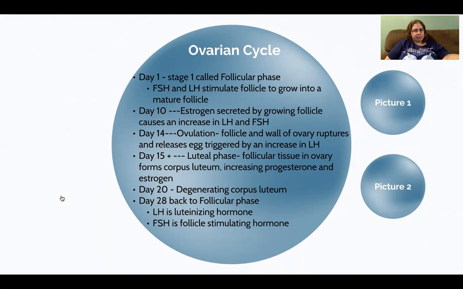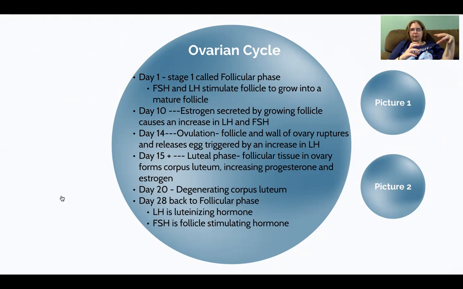This will take roughly about 10 days, at which time our estrogen is starting to be secreted at a higher rate by the growing follicle. And this causes an increase in luteinizing hormone and follicle stimulating hormone. So it's kind of this interesting positive feedback loop. The presence of the FSH and LH stimulate the follicle to mature.